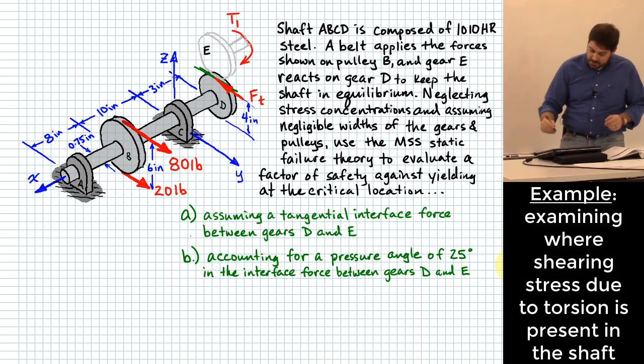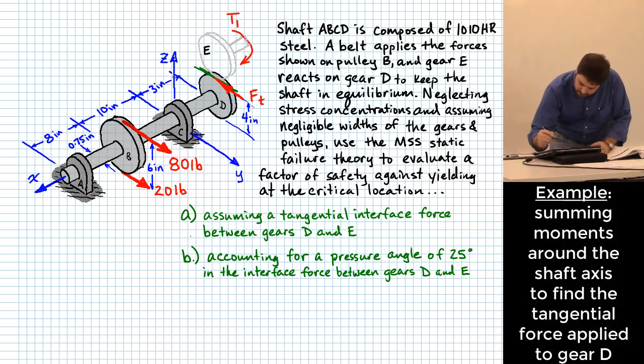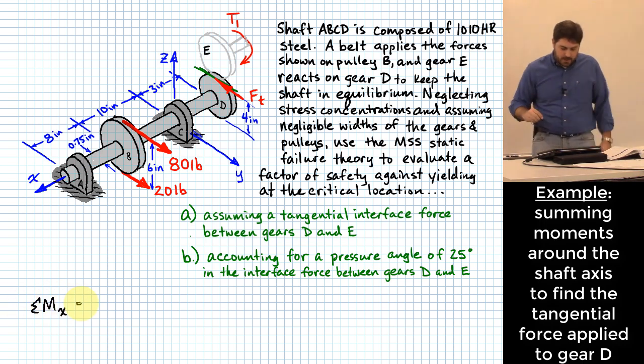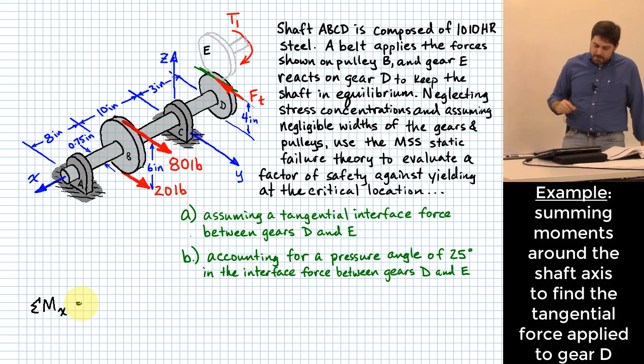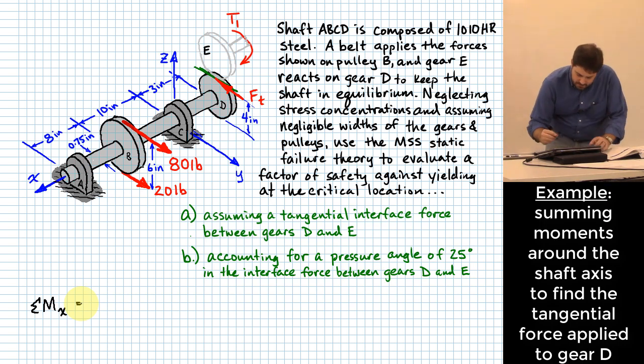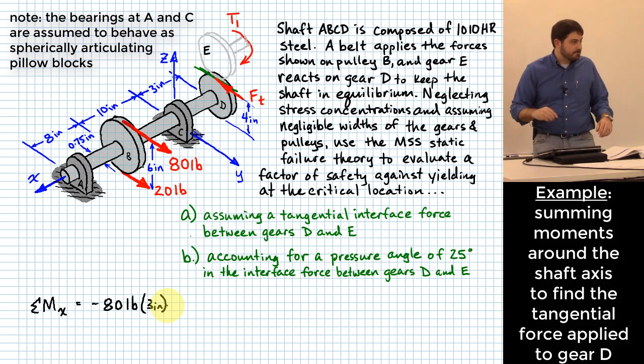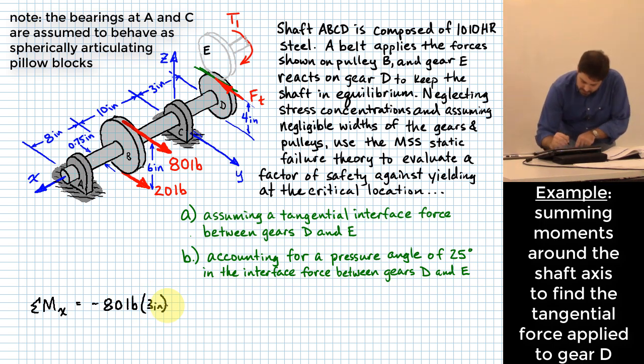Okay, I think that's a good idea. How do I figure that out? How about I sum moments around the x-axis? Okay, what does my equation look like if I sum moments around the x-axis? I'd say maybe negative 80 pounds times what? 3 inches, because that's the radius of pulley B, right? What else?